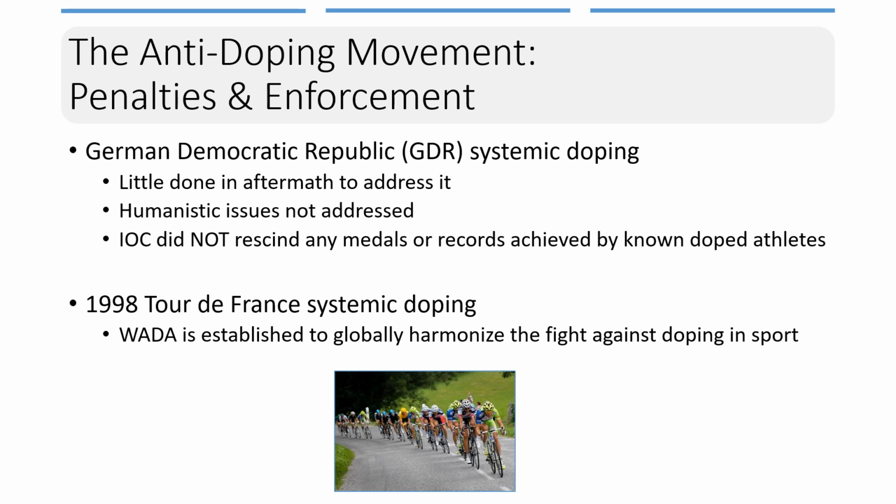Unfortunately, little action was taken to adequately address the humanistic issues stemming from this widespread doping. Most notably, the IOC chose not to strip medals or records achieved by athletes who were known to have been doped as part of these systems. Unlike nowadays, when the medal will be stripped.